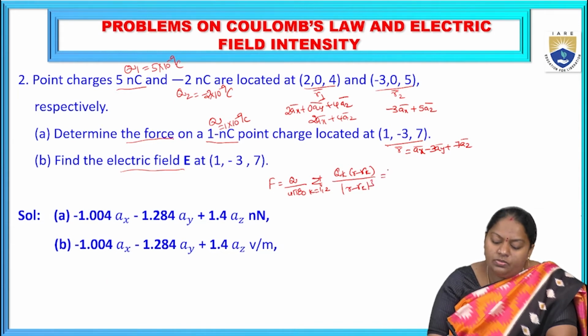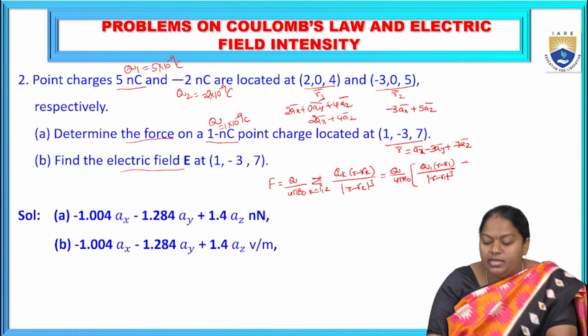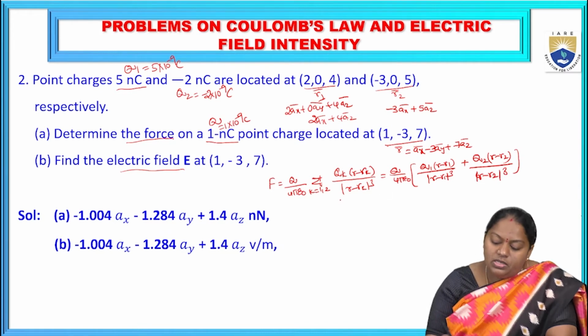Upon expansion, it is Q by 4 pi epsilon naught into [Q1 into (R minus R1) by modulus of (R minus R1) whole cube, plus Q2 into (R minus R2) by modulus of (R minus R2) whole cube].